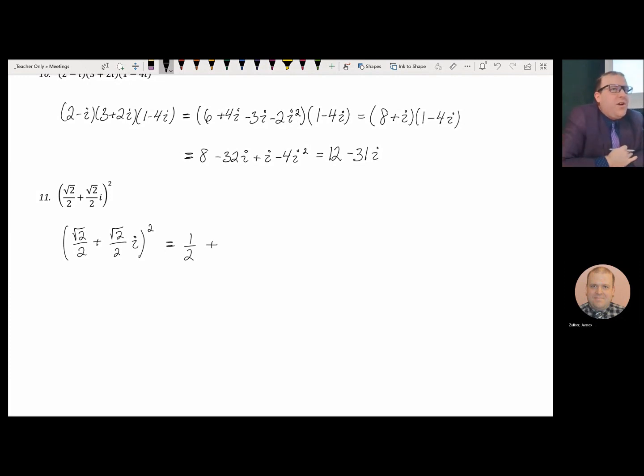Plus twice their product, so root 2 over 2 times root 2 over 2, doubled. So it's just plus i. And then root 2 over 2 i squared is going to be 1/2 i squared. One half plus a half i squared is 0. We're left with i.